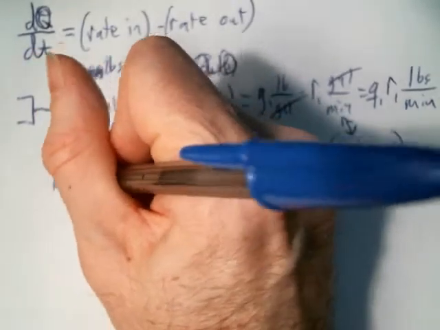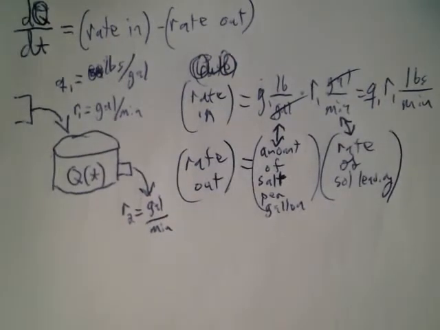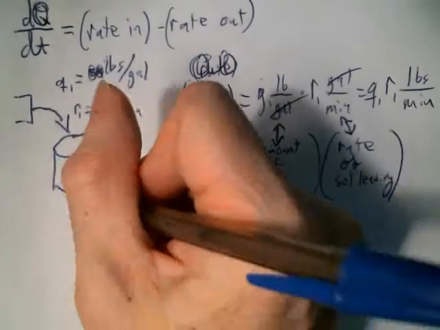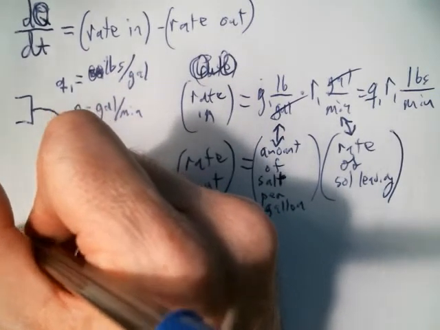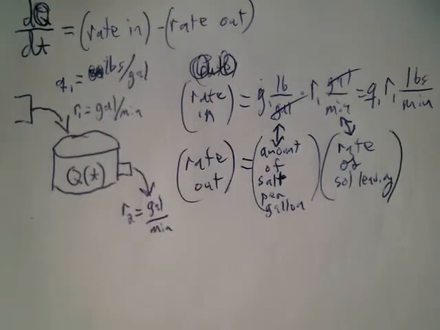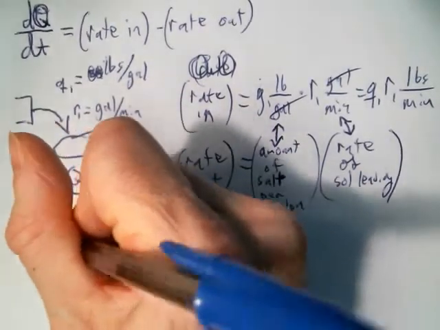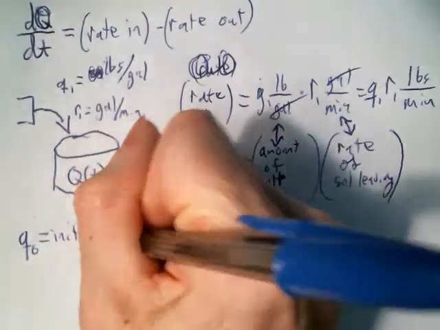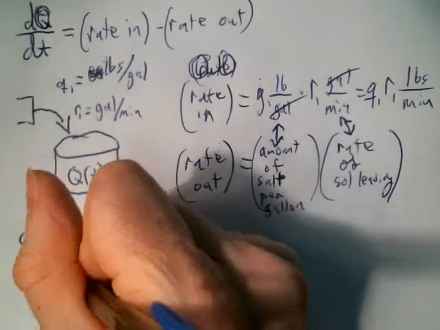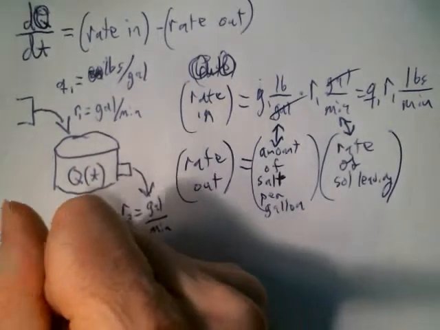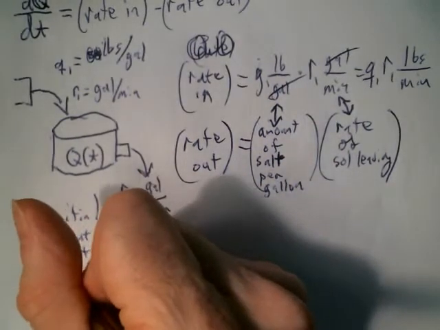If we know the amount of salt at some given time t, we can figure that out. In order to do this, we're going to need to know the initial amount of salt, Q sub 0, and also the initial amount of salt water in the vat.